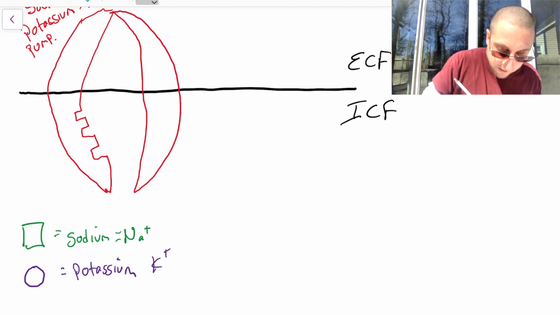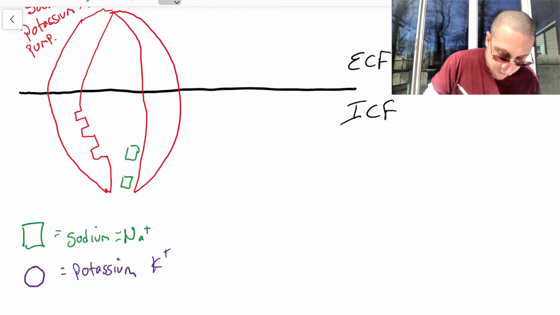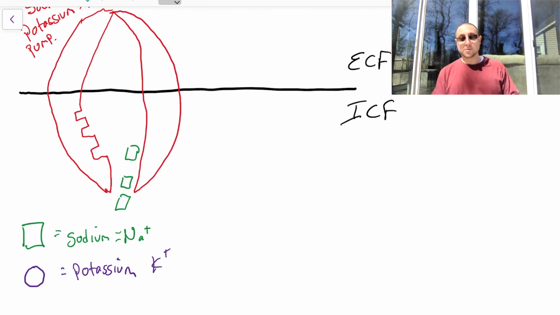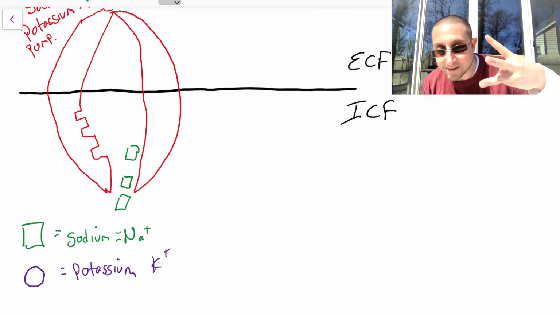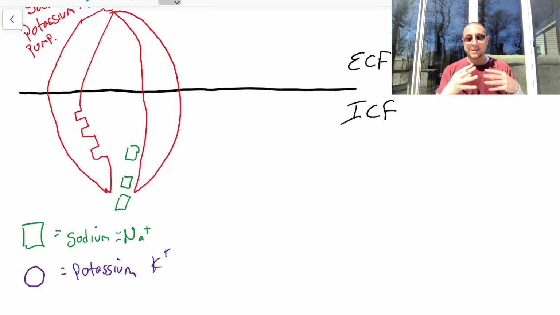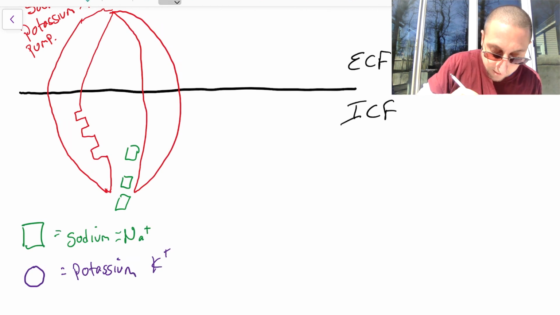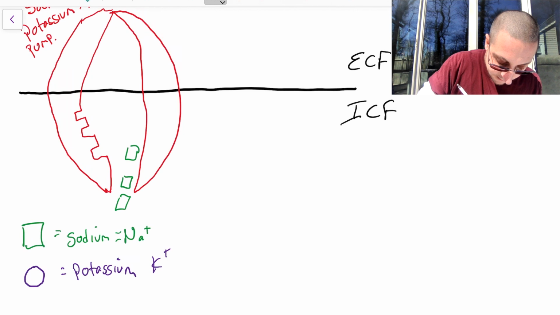So first thing we got to do is we got to draw a couple of these sodium bad boys. So we got one, I'll put another one over here, and we'll put another one over there. How many sodiums do I have? I have 3. 3 sodiums. So the sodium potassium pump can accept 3 sodiums at a time. And I'm going to go back to my black color. This thing's probably going to end up crashing on me as per the usual.